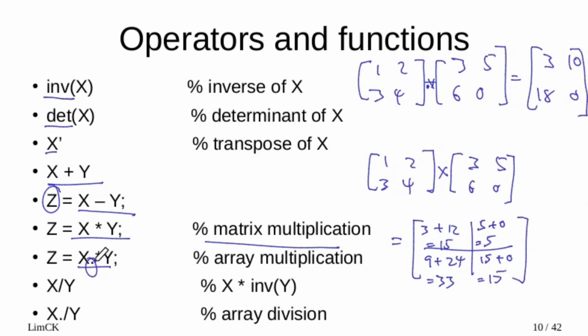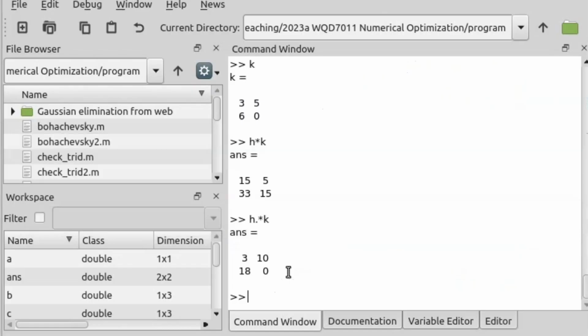We need this a lot in our applications. We need this a lot in our course. So this one, the divide, actually means multiply with the inverse of the y. So you see, if I have this one, h is this. h divided by h itself.